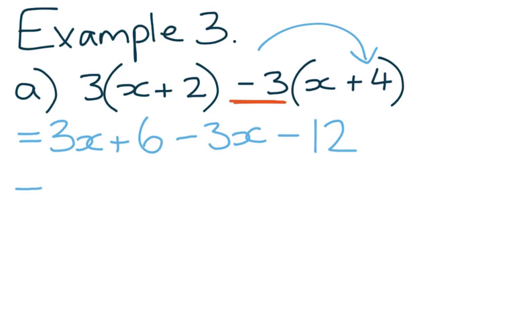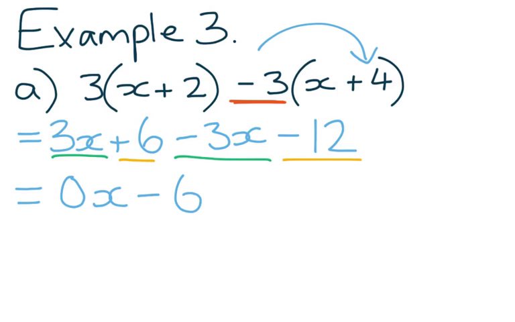Now I get to this point here and I start to look for like terms. We've got 3x and negative 3x. And then these two numbers that are just numbers are the same. So we can keep those. So 3x take 3x is 0x. And positive 6 take away 12 is negative 6. Do we have to write 0x? No, it gives us a 0. So our answer is just negative 6.